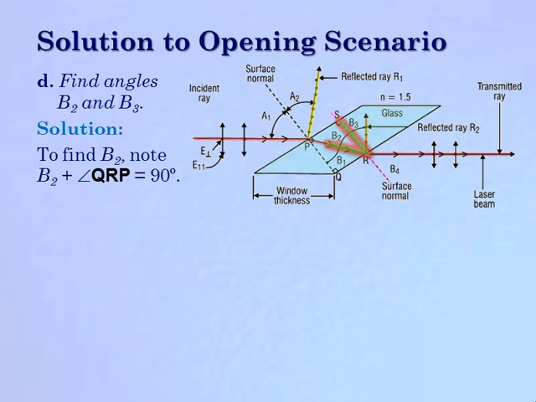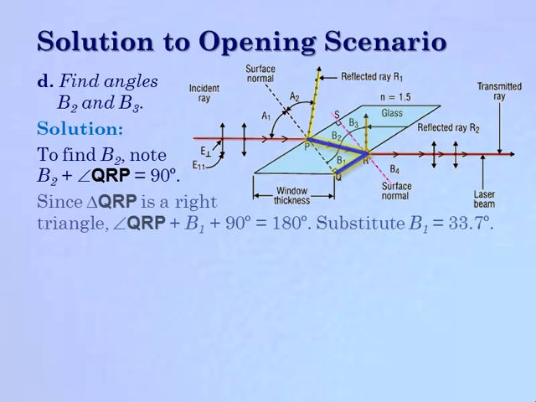Look at B2, and you'll notice that B2 is part of a right angle formed by the normal and the glass surface. The other part of that angle is angle QRP. QRP just happens to be part of a triangle we've seen, and it has angle B1 in there that we just determined to be 33.7 degrees.